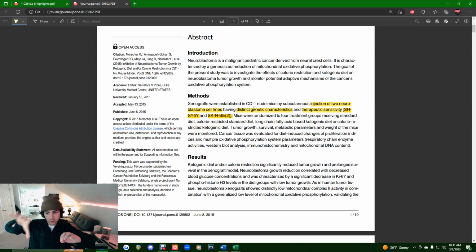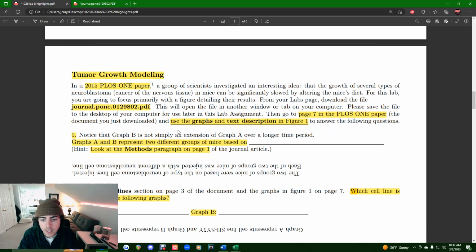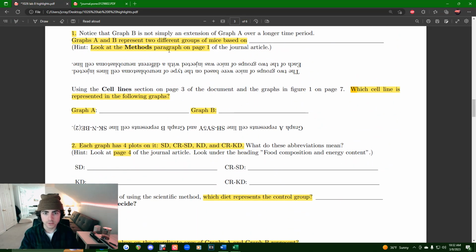So one graph is representing one cell line, the other graph another cell line. And then they ask which one's which: which cell line is represented in each of the following graphs. That's what I just went over. SH is in graph A and SK is graph B.